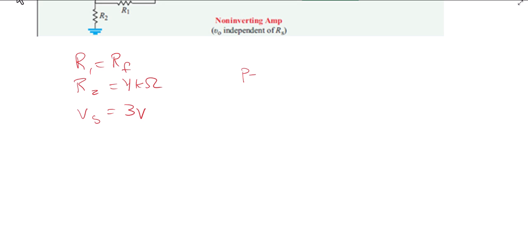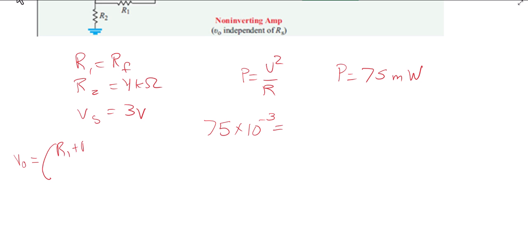We have that power equals V squared over R, and we are trying to get to a power of 75 milliwatts. So we want 75 times 10 to the negative 3 to equal V squared over R. Well, we had that V equaled R1 plus R2 over R2 times Vs.